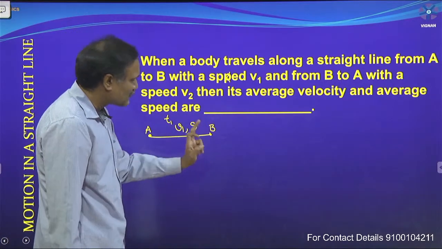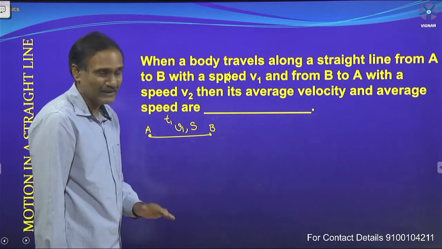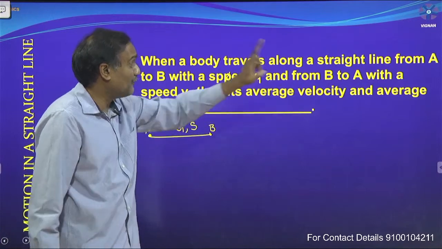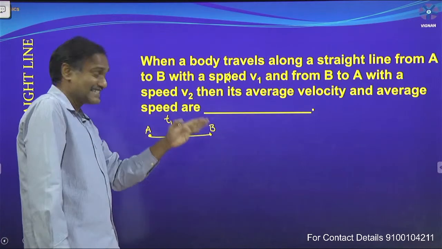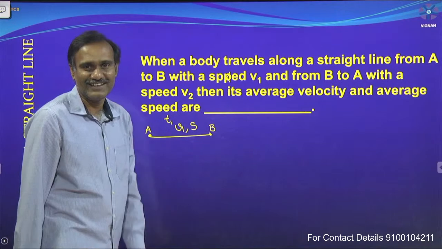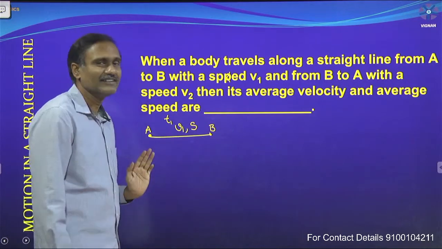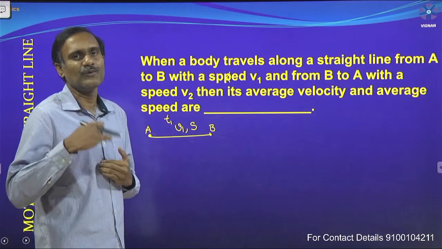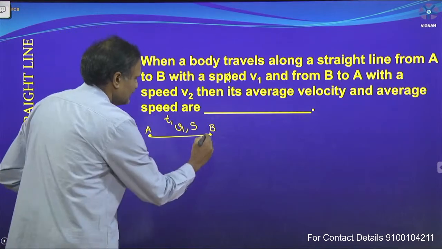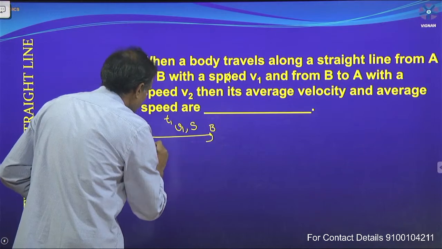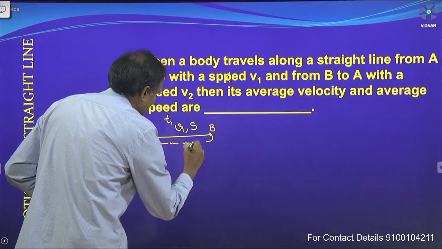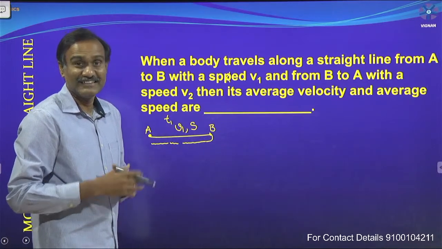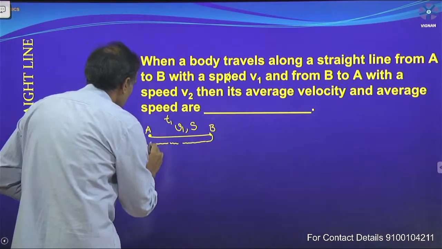Now, does it stop there? No. Does it move forward? No. What happens to it? From B to A, it wants to return back to A along the same line, but for our explanation convenience, I want to use another path, though actually it is moving along the same line.